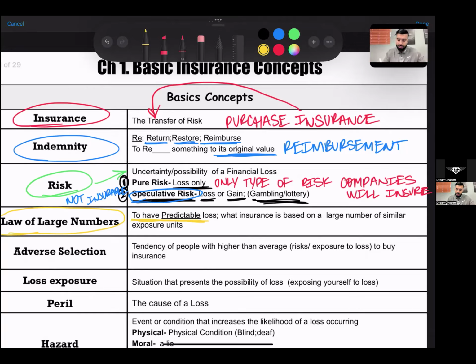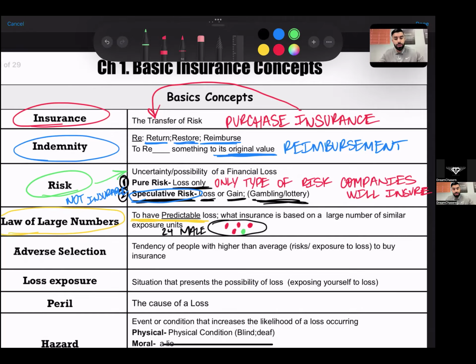So, for example, let's say a 24-year-old male is applying for insurance. Now, the insurance company is not going to look at just a group of five 24-year-old males. Why? Because if they look at this group of five, they might see that number one, number two, number three, and number four are unhealthy, and just one of those five is actually healthy.